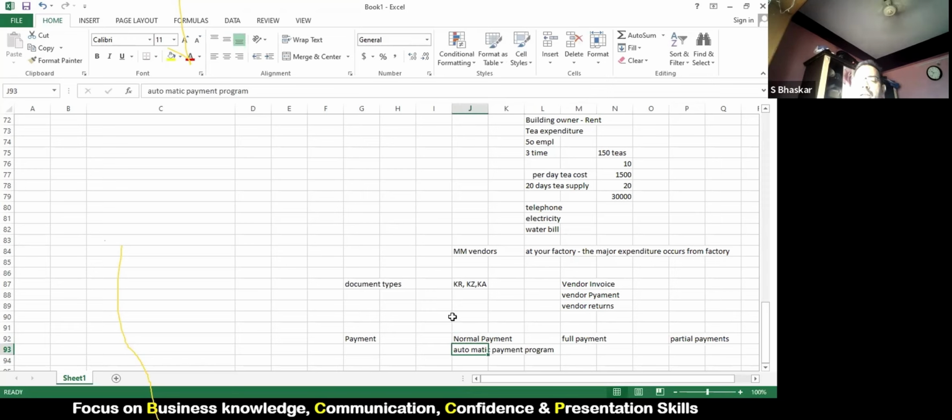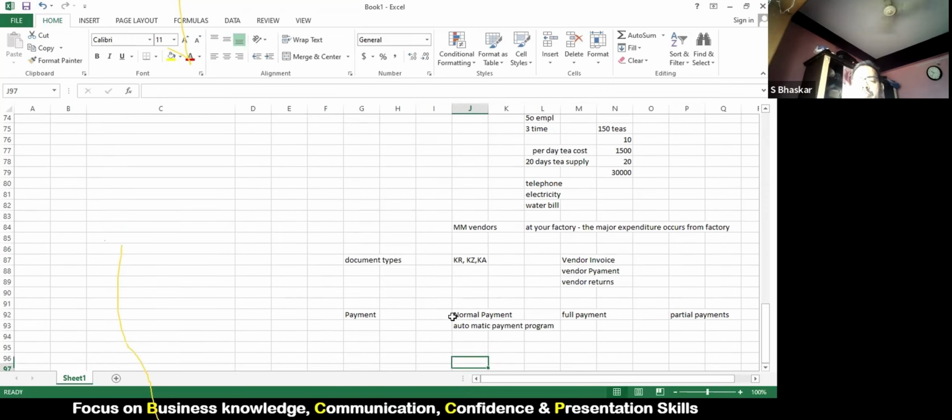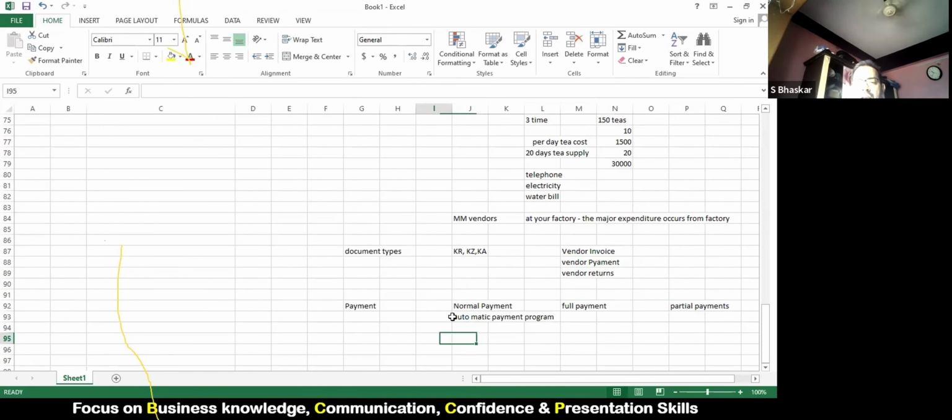The biggest concept in AP is the automatic payment program. It is one of the biggest areas, and during interviews, people ask and focus on these areas. How do people answer during interviews? There are two configurations: one is FBZP configuration and the other is F110 transaction.